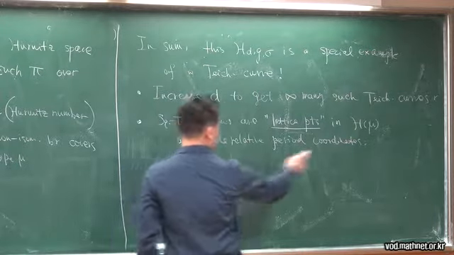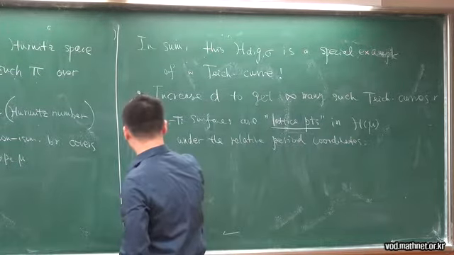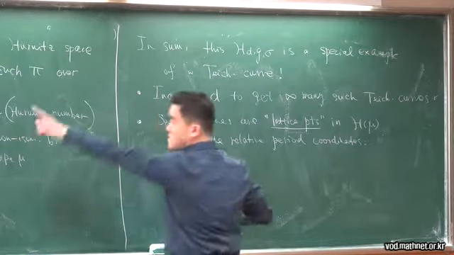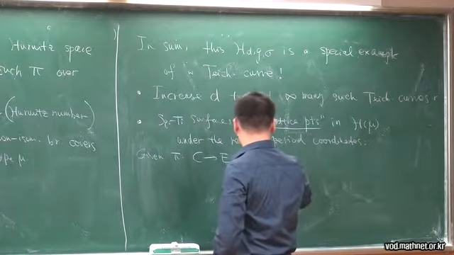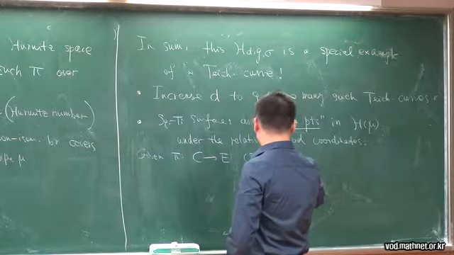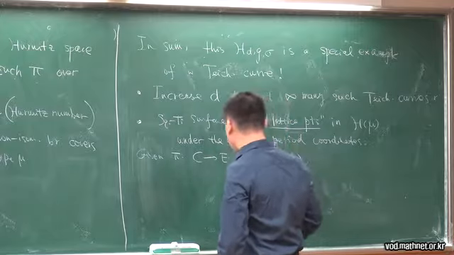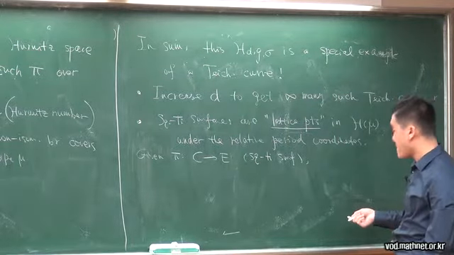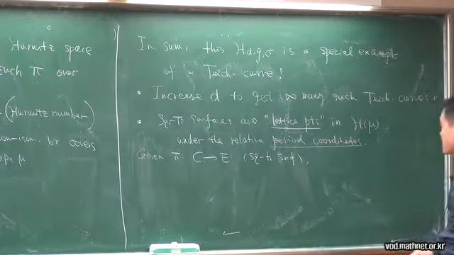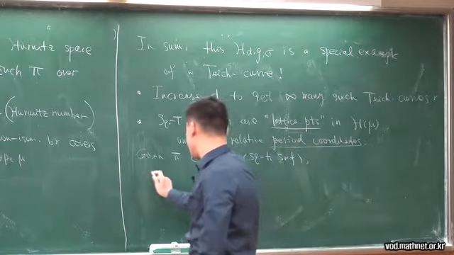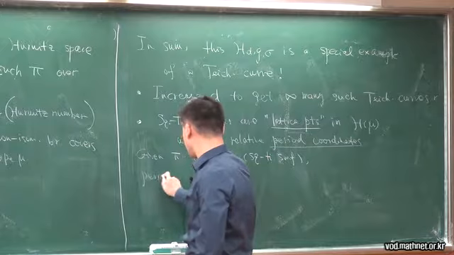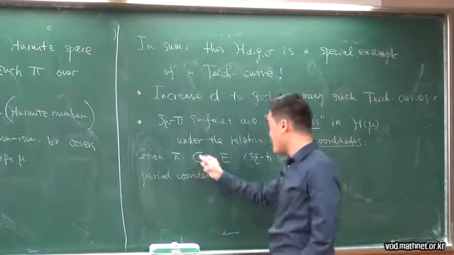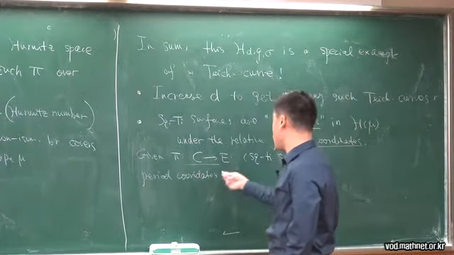So let me explain this remark. Given pi from C to E, which in that example is a square tiled surface, what are the period coordinates of this one form?